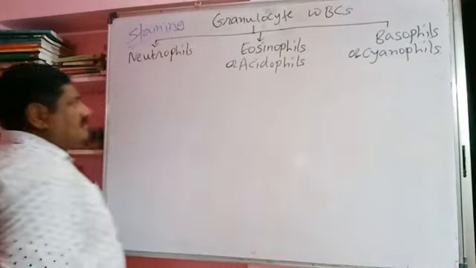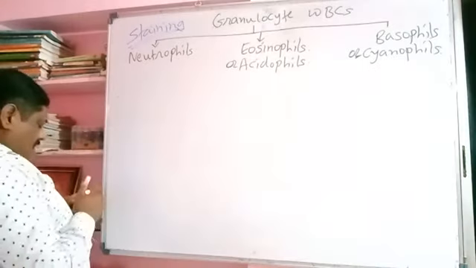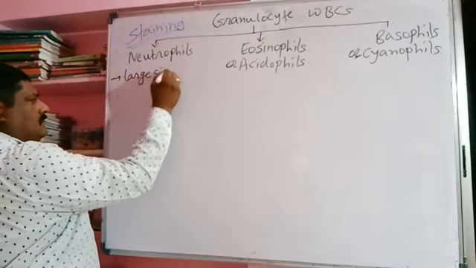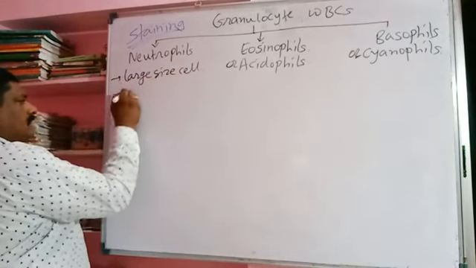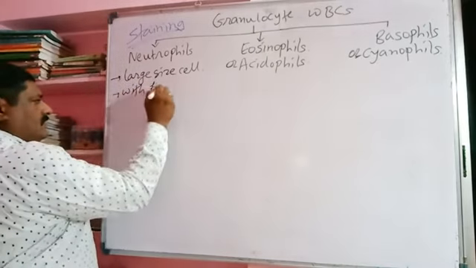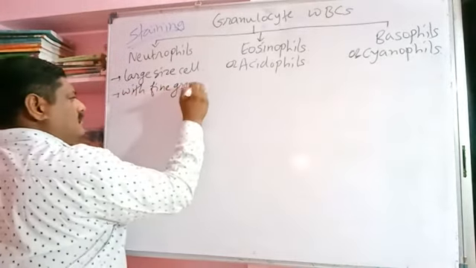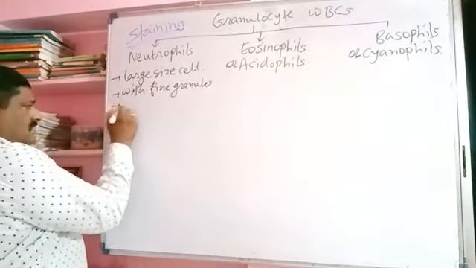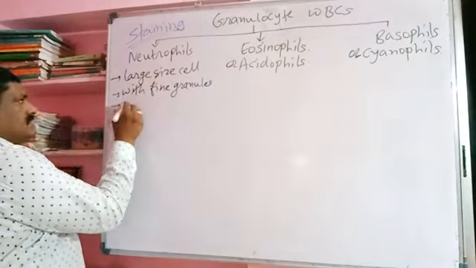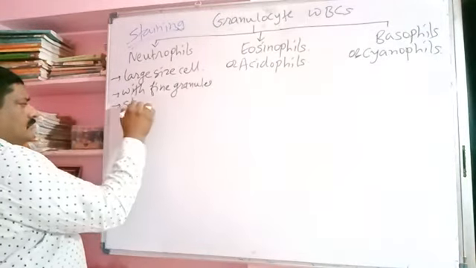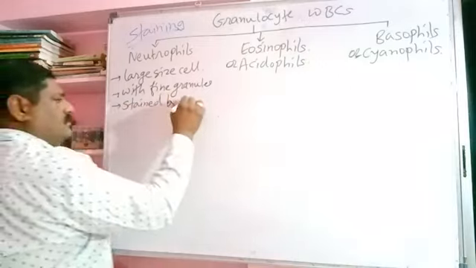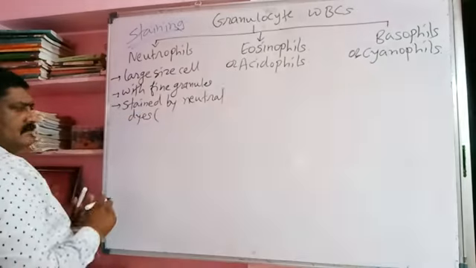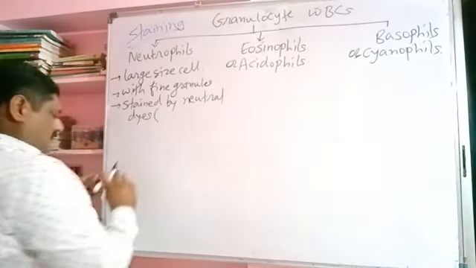On the basis of staining technique, these are of three types. Neutrophils are large cells with fine granules in large number. These are stained by neutral dyes, for example, the hematoxylin eosin stain.